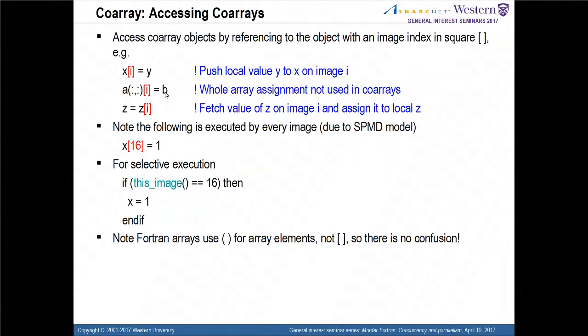And then here, we want to push B to A. And in the third case, we're fetching the value of Z and putting it in the local variable Z. And this is a typical selective execution. This is a typical way of writing a SIMD parallel program. Depending on the ID of the process, we will do different things.